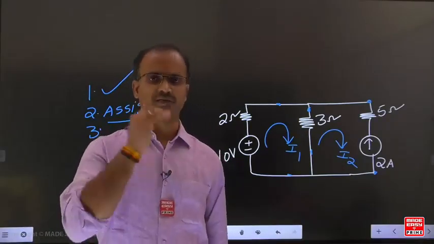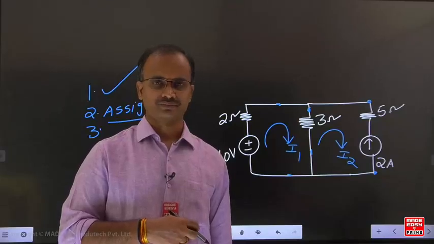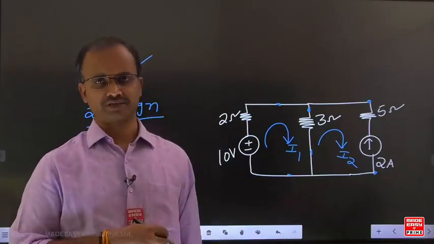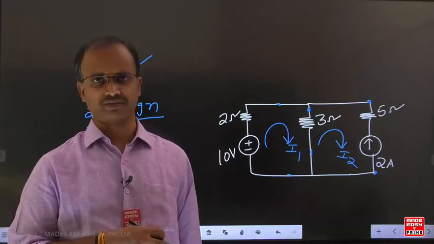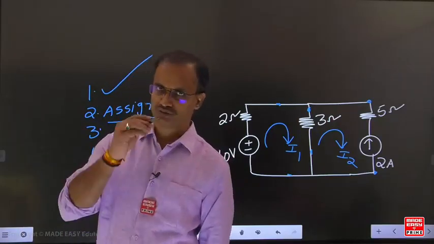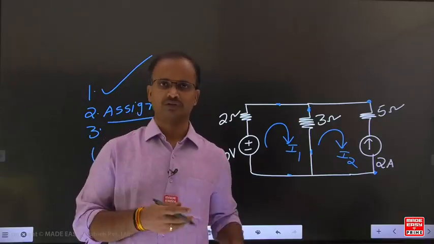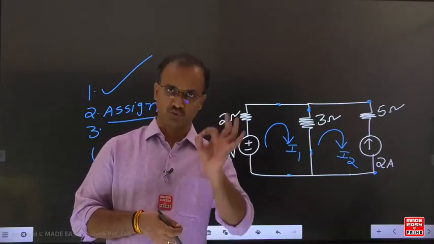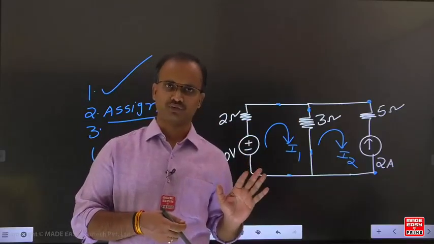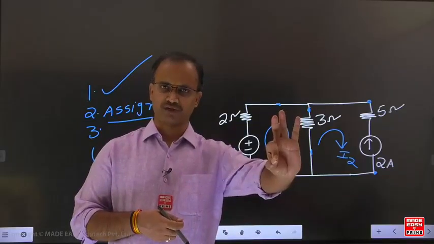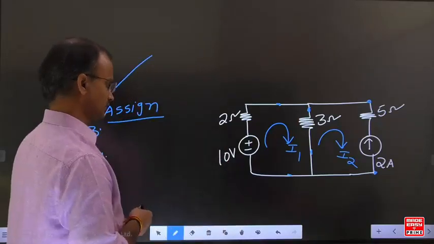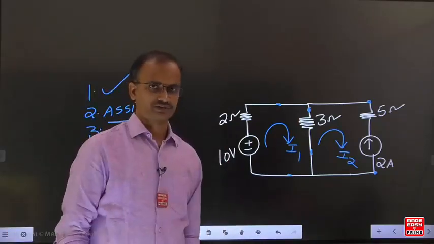If the direction is mentioned, write the KVL equation in that same direction. If you change the direction, you will get the same magnitude of current, but the sign changes.